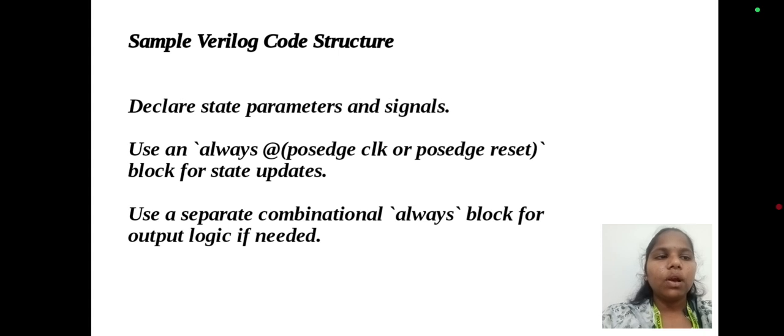Sample Verilog code structure. Declare state parameters and signals. Use an always block at the positive edge of the clock or reset for state updates. Use a separate combinational always block for output logic if needed.